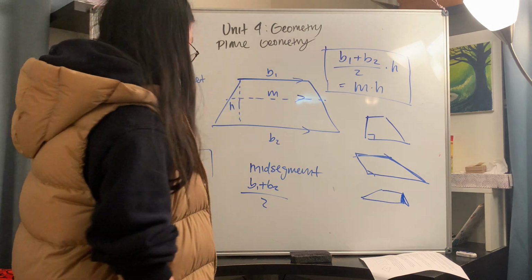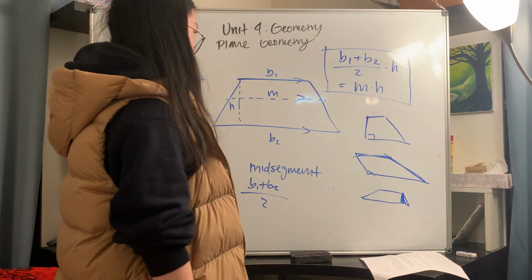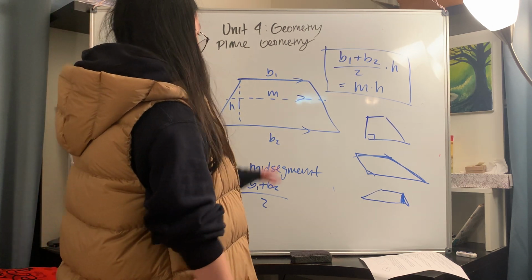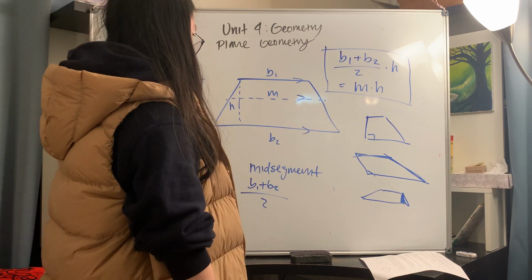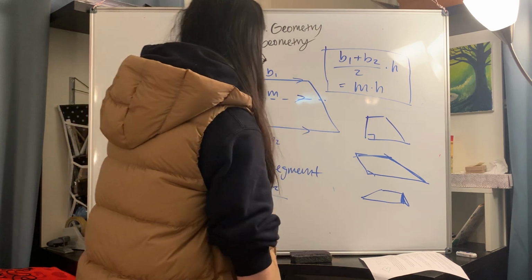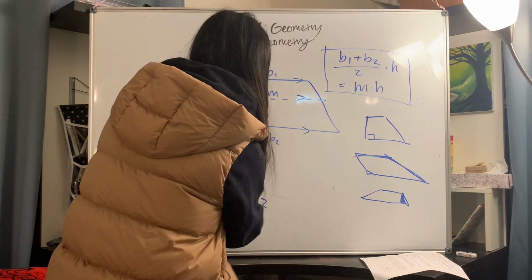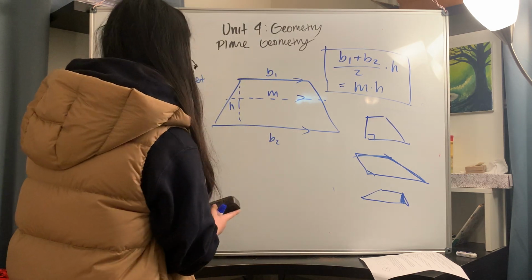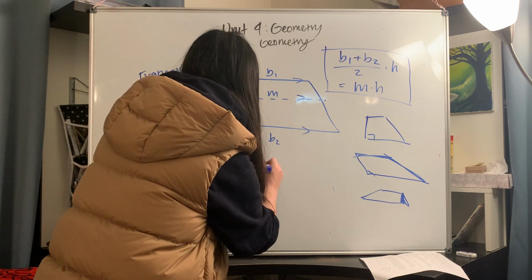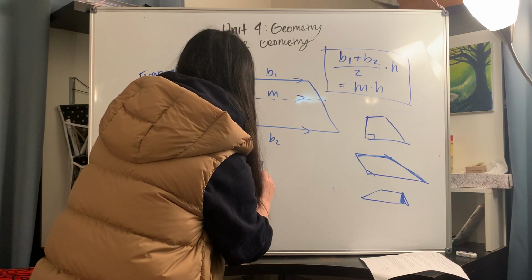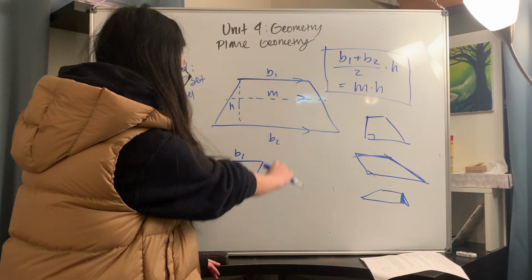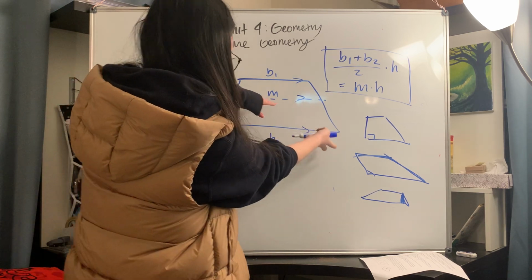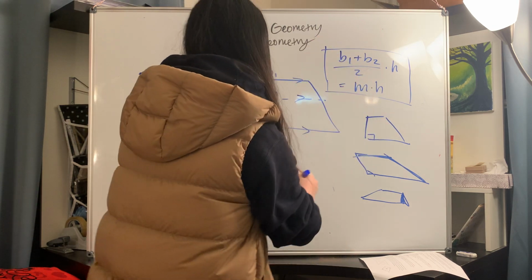As a kid, one way that I justified this formula to myself was that I broke this trapezoid in half. I said, okay, I can take this trapezoid over here, and take off one half of it, and so this is B1, and then I can add on B2 on the bottom, and I can flip this over and attach it on the other side.